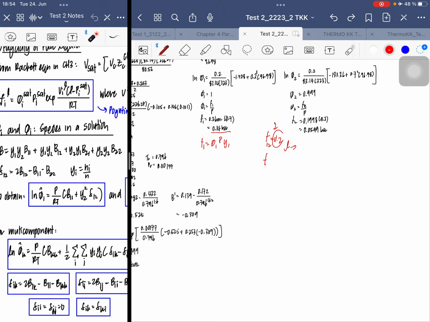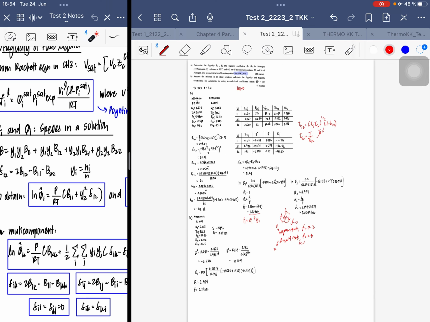If in vapor state the fugacity is 0.2, and if in liquid state the F is 0.8. In vapor state I use Y, and in liquid state I use X. So in vapor state the fugacity is 0.2, so it does not have the tendency to be vapor. But in liquid state it has a fugacity of 0.8, which means these two species really have the tendency to move towards being liquid.